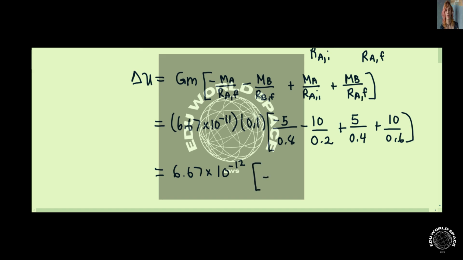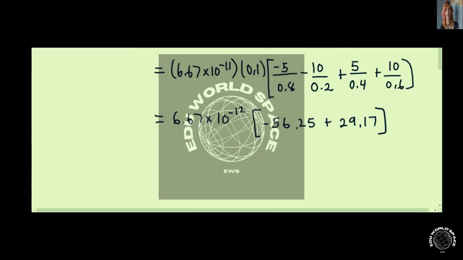The first two terms inside here are going to be negative 56.25, and the second two are 29.17. Once we plug that into our calculator, we get a value of negative 1.81 times 10 to the minus 10 joules. So that is delta U.